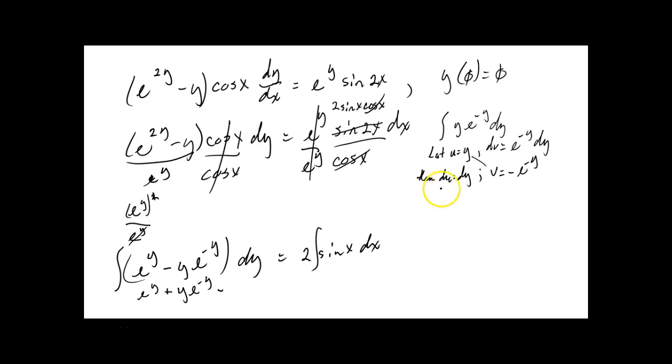Then you do the bottom line, the integral of negative e to the negative y. Yeah, but I already pulled out the minus. So e to the minus y dy. Wait, would the minus turn back to a plus? You had a minus there to begin with.